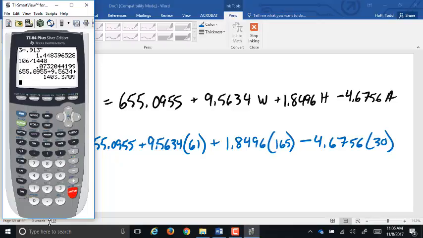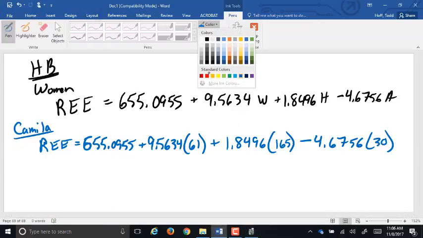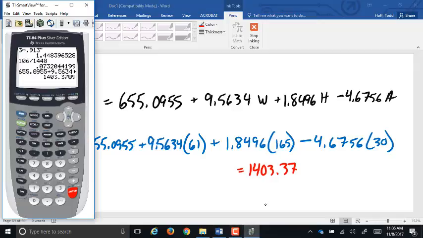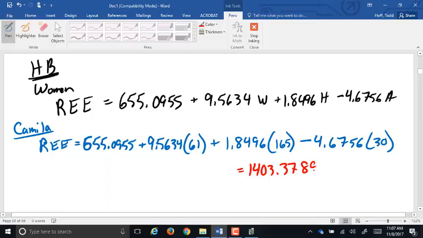That gives us 1403.37. And I'm going to carry it right out to the 3789. I'm going to keep it all the way out there. Calories. That's calories burned per day.